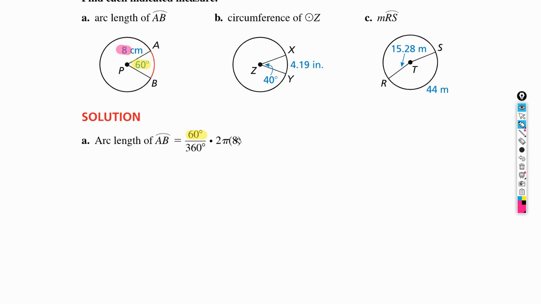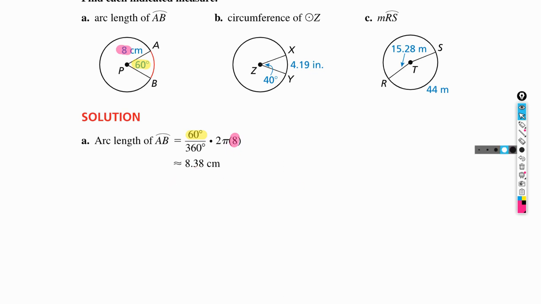Here is my radius right here, and the rest of it is the formula. Okay, so I'm going to multiply this out. 60 divided by 360 times 2 times pi times 8. Okay, if you put that into a calculator, that would be approximately what you would get.